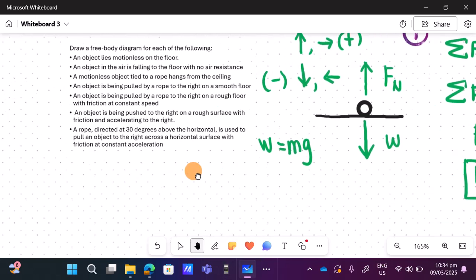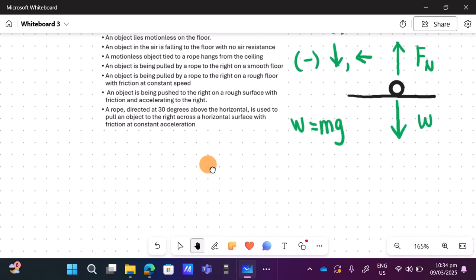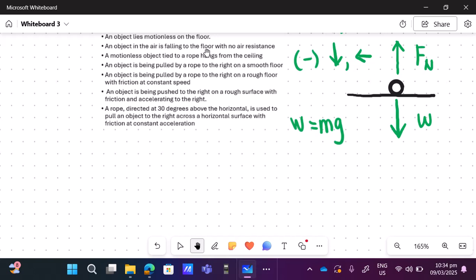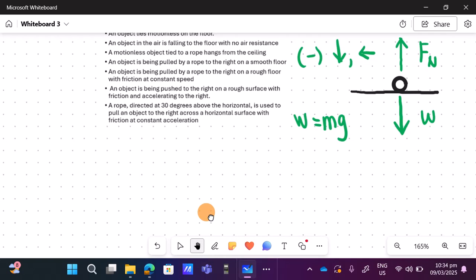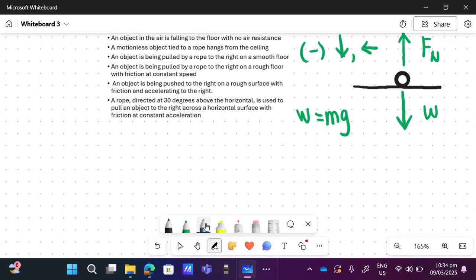Now, for number 2, we have here an object in the air falling to the floor with no air resistance. Familiar? Basically, this is free fall. Okay. So, we are asked to draw the FBD, or free body diagram, for an object in free fall. Okay.